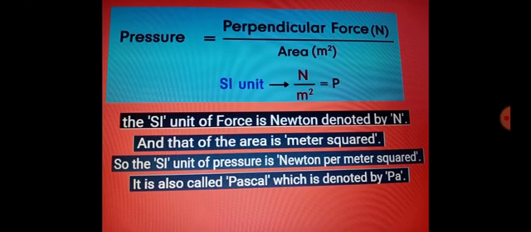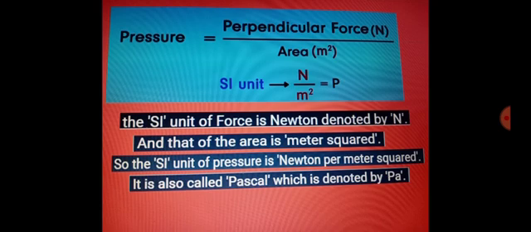So pressure is equal to perpendicular force N divided by area, where the unit of area is meter square and the unit of force is Newton. So the SI unit of pressure is Newton divided by meter square.